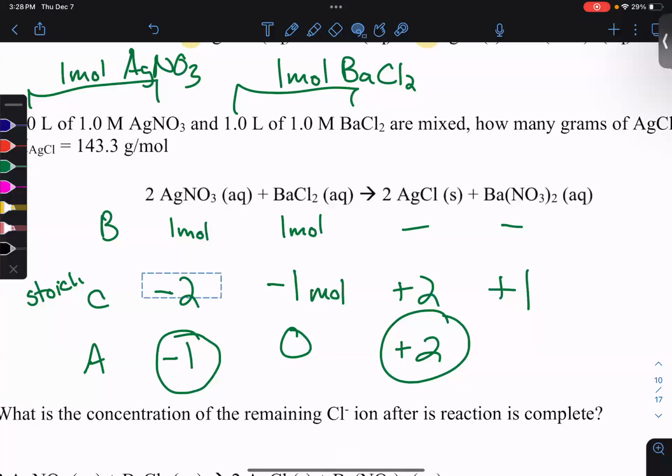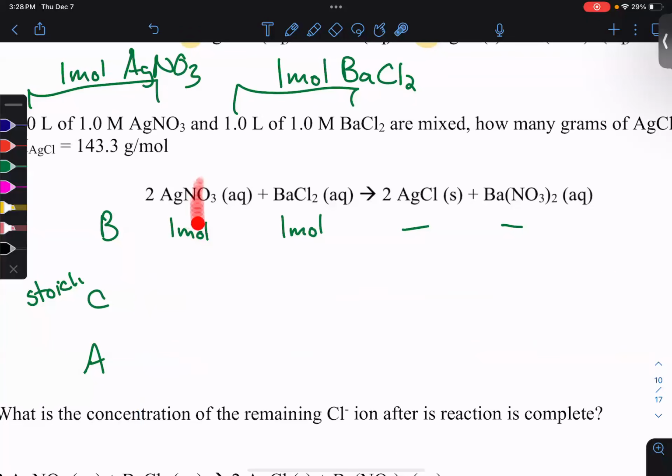So let's do it correctly, where we correctly assume that silver nitrate is the limiting reactant. Limiting reactants get fully consumed. So what is the change for silver nitrate? -1. So if I consume a mole of silver nitrate, how much barium chloride do I also consume? 0.5, yes, because it's a 2 to 1. So it's -0.5.